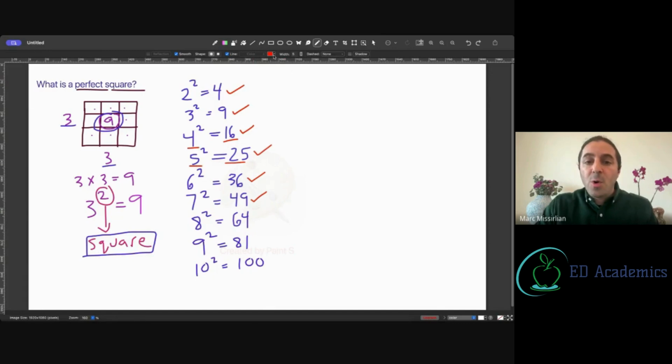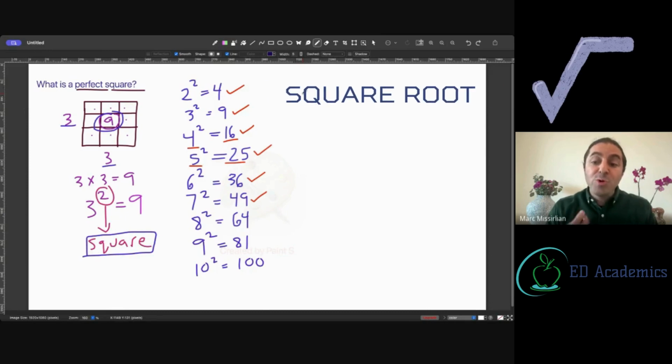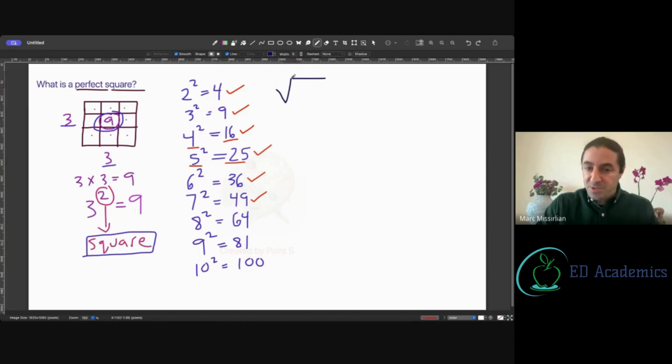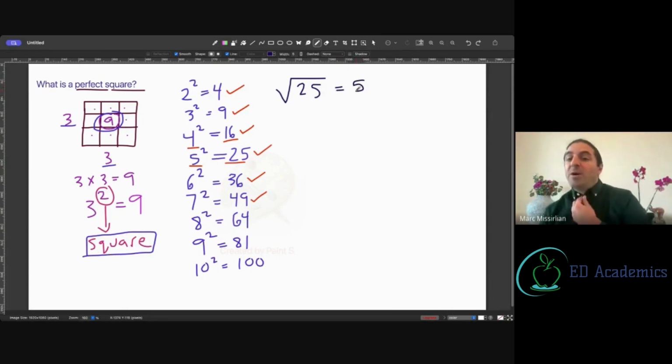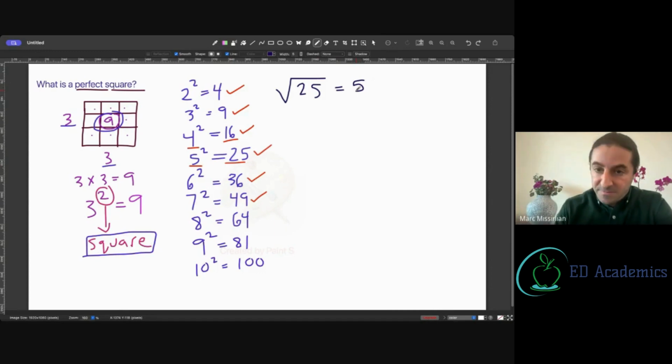An important concept in relation to this is the square root. Because a square that has an area of 25 has a side length of 5, we say that the square root, which is this radical symbol, of 25 equals 5.